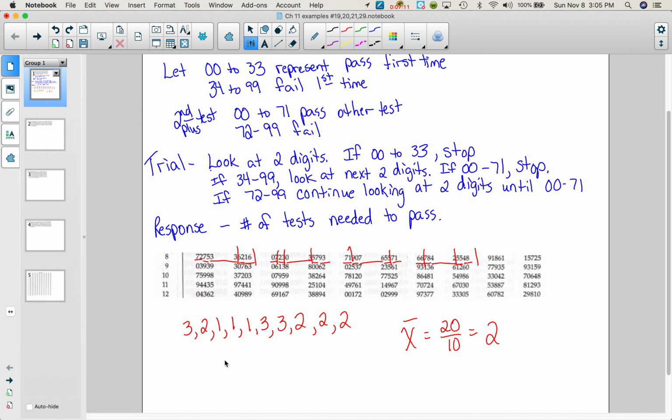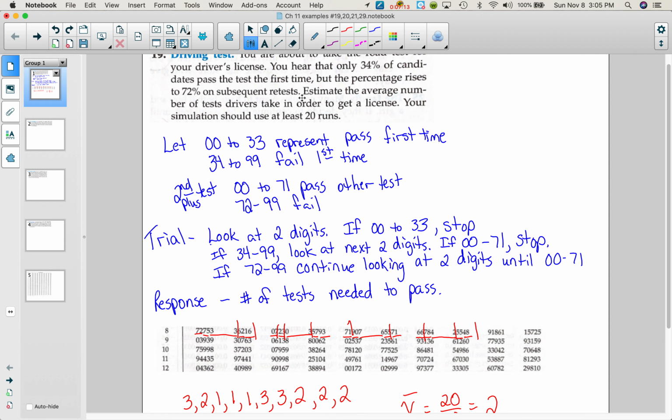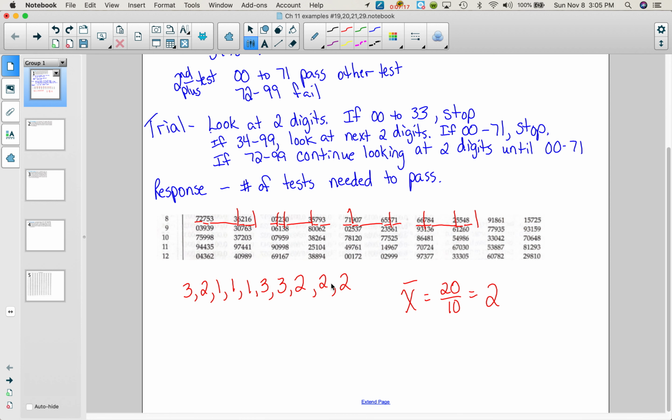So then to answer our question, estimate the average number of tests drivers take in order to get a license.